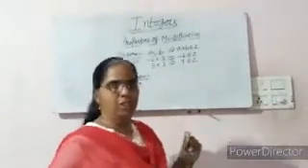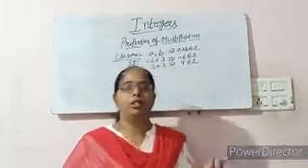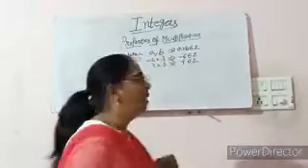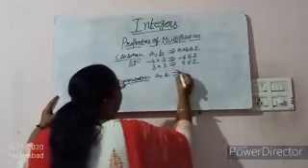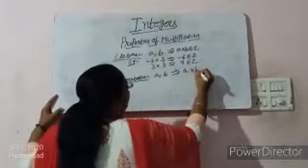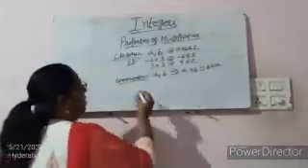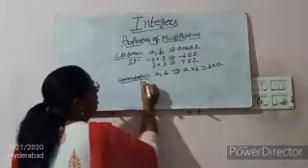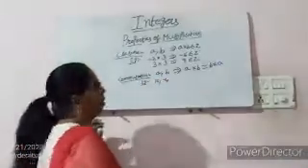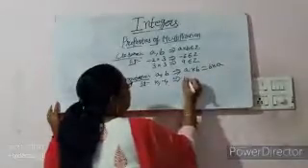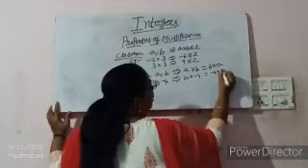If you take two integers and interchange the numbers, meaning you change the order of the numbers, the resultant should be the same. For example, A and B are integers, then A into B is equal to B into A. Let us check with an example. If I take two integers as 10 and minus 4, what is the product? 10 into minus 4 is equal to minus 4 into 10.